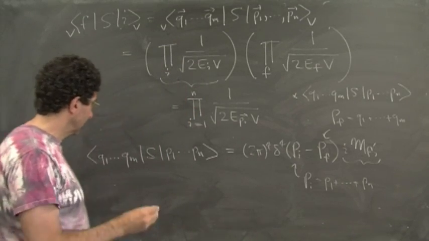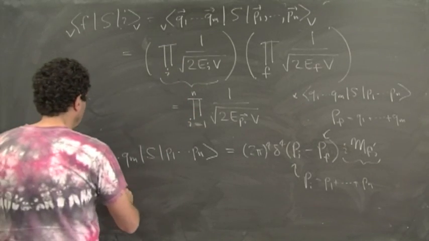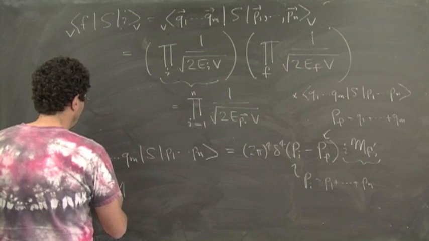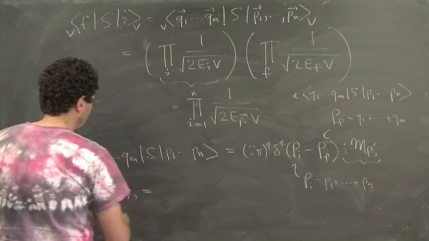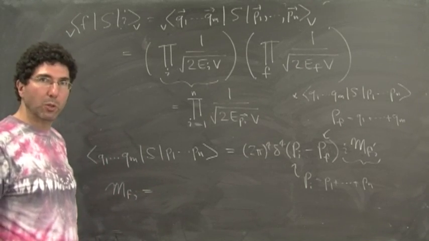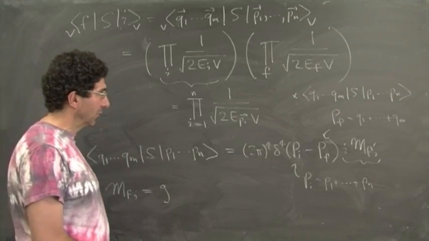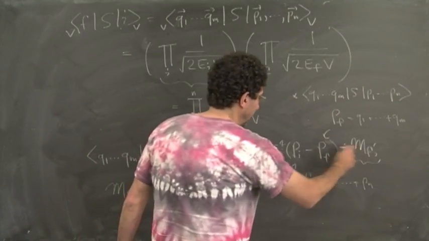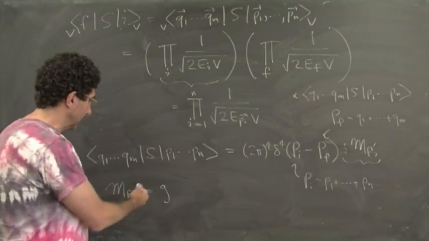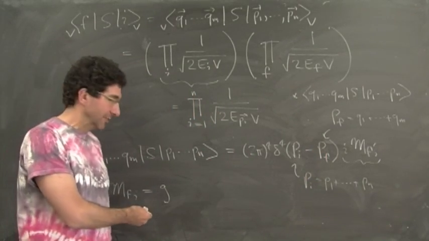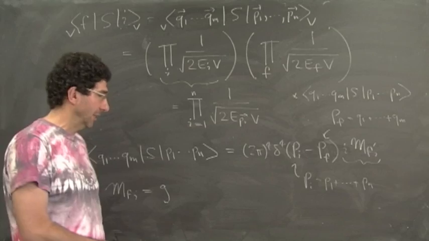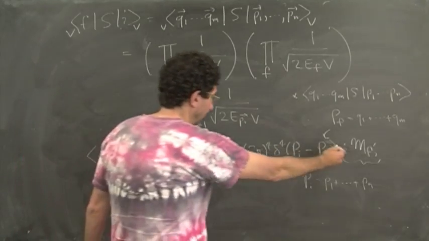And so just to make the connection clear, in the previous example, M_{f,initial} was just equal to, drum roll please, g, right? Because before what we found is i g times this, okay? So the Lorentz invariant amplitude is an extremely simple object in that case. But in general, it'll have this form right here.